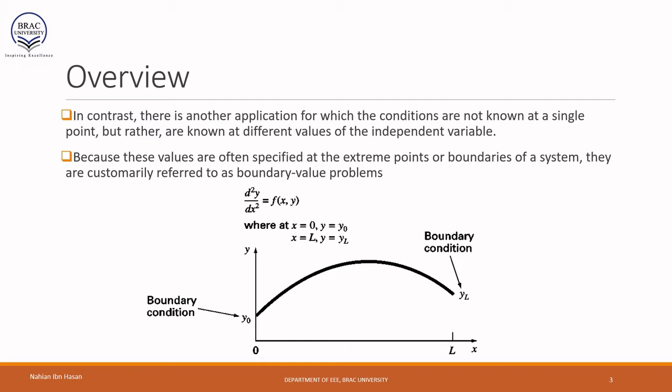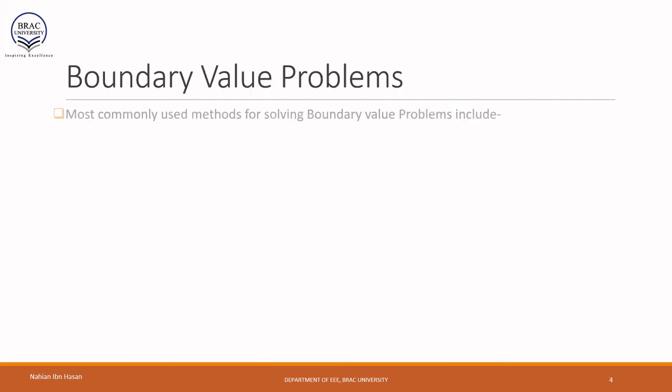If the order of the differential equation is higher and it is a boundary value problem, I cannot use the techniques that I have learned so far. That means I cannot use the Runge-Kutta methods, Heun's method or the midpoint method. Those methods cannot be used directly for boundary value problems. So I need some special techniques to solve these problems.